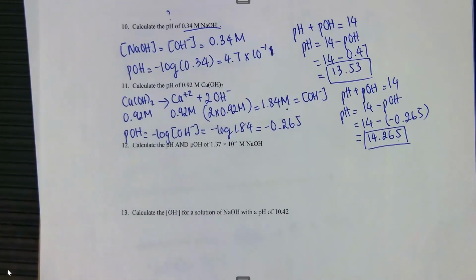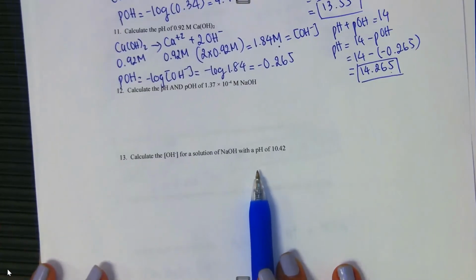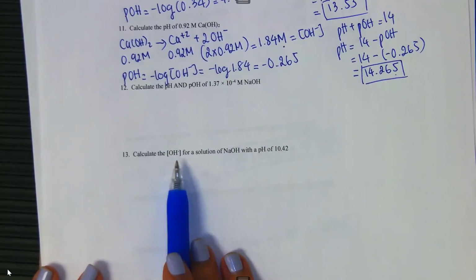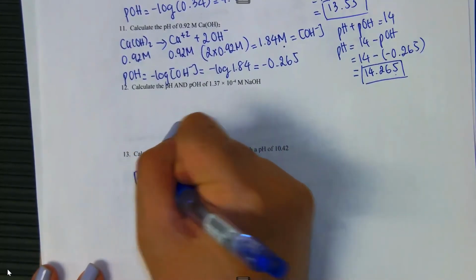So let's first find the pOH, because using the pOH we can find the concentration of hydroxide, right? Because pOH is equal to the negative log of the hydroxide concentration. So let's go ahead and find pOH.